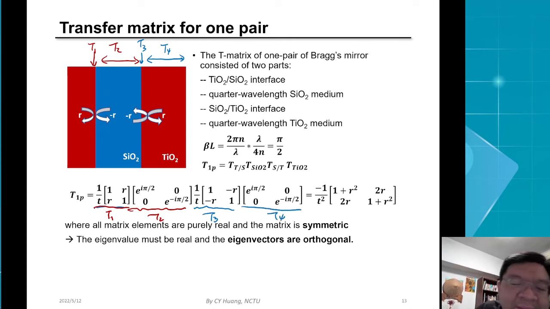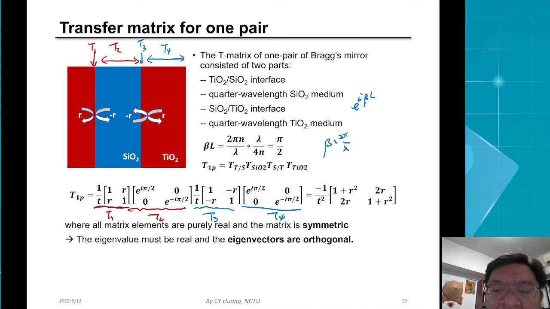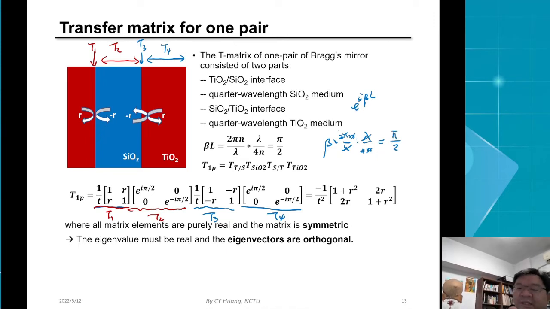Okay, so we said that the medium has an exponential e^{jβL}, and now β is, let's assume there's no loss or gain for the material, so β will be 2π over λ times n, and the L is intentionally designed to be λ over 4n. So after canceling the common terms, it yields the phase difference will be π over 2 for each layer.